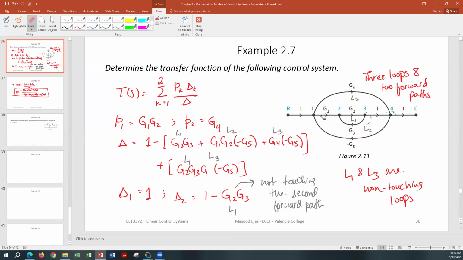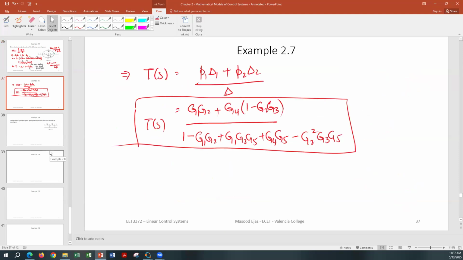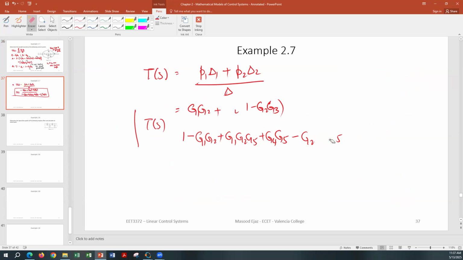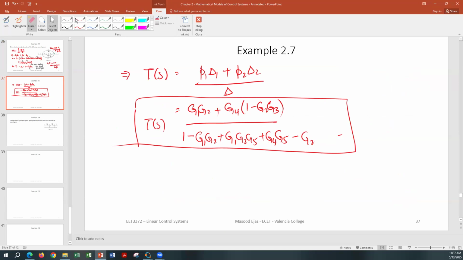And then L1 is G1, G2, G3. Let me go fix that. G2, G3, G4, G5. G2, G3, G4.